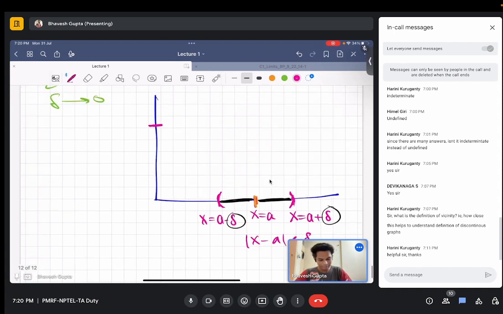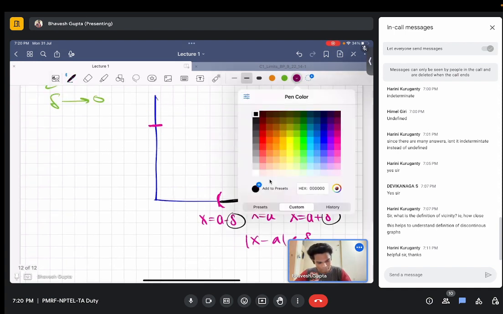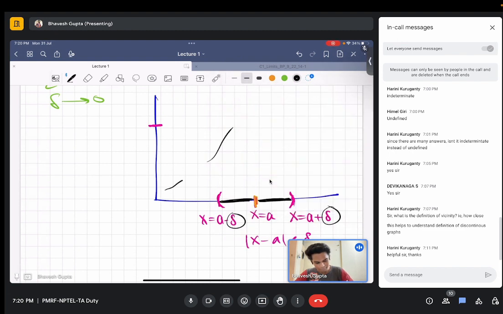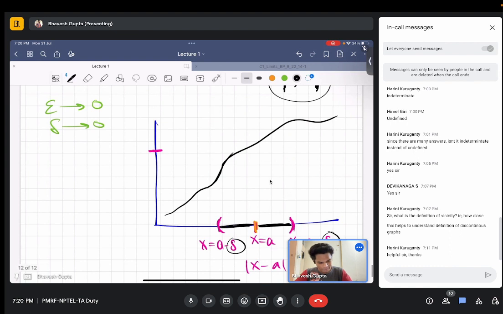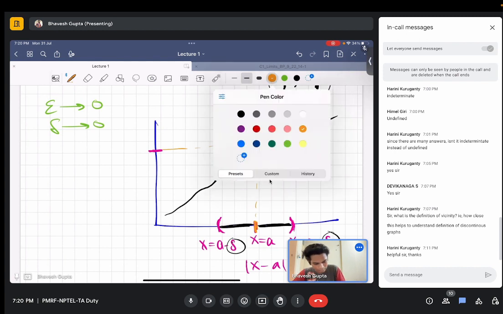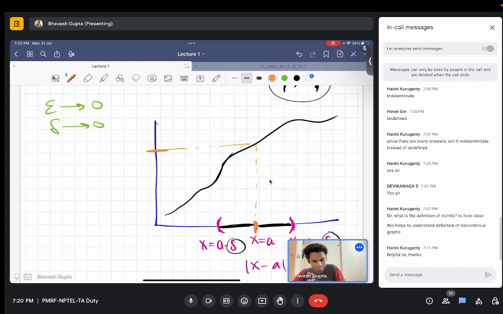So the idea is that, let's say this is your function, and let's say this is my actual answer.